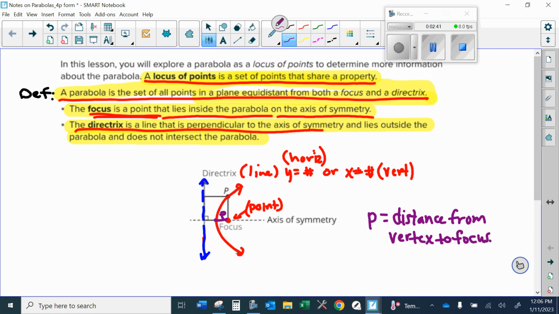Lowercase p, that's going to be used in our equation. Now that same distance from the vertex to the directrix is also p, the lowercase p there. There's the same distances. You know that. That's going to help us know how to graph things as well. Understanding this form can actually make graphing the parabola a lot easier than the ways you learned it in Algebra 1. And we'll see that coming up.